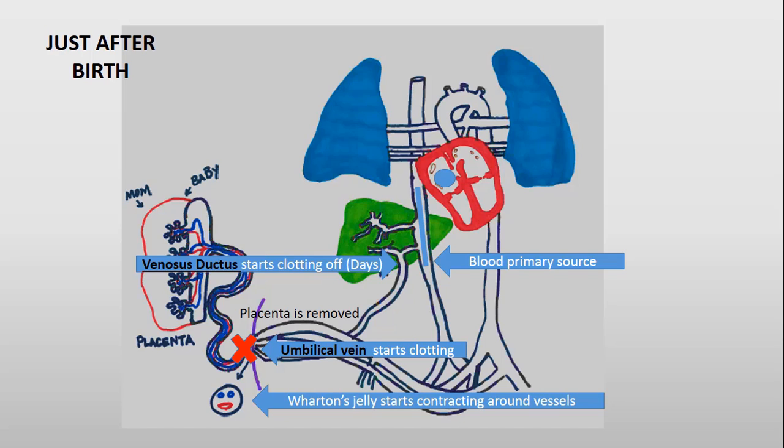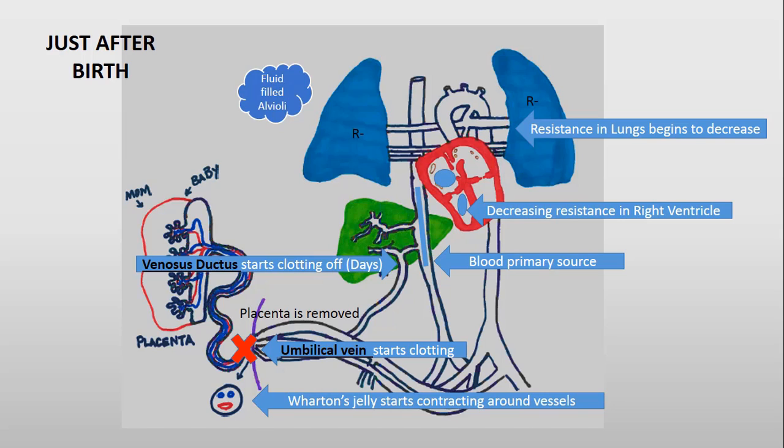And of course the blood starts to pool again in the right atrium, and it goes down into the right ventricle. So what happens is there's a decreasing resistance in the right ventricle because there's a decreasing resistance in the lungs. And this is because the fluid-filled alveoli are now being pushed through breathed air by the infant, and that breathing in of air is starting to push out the fluid in the lung, and the alveoli are becoming filled with air.